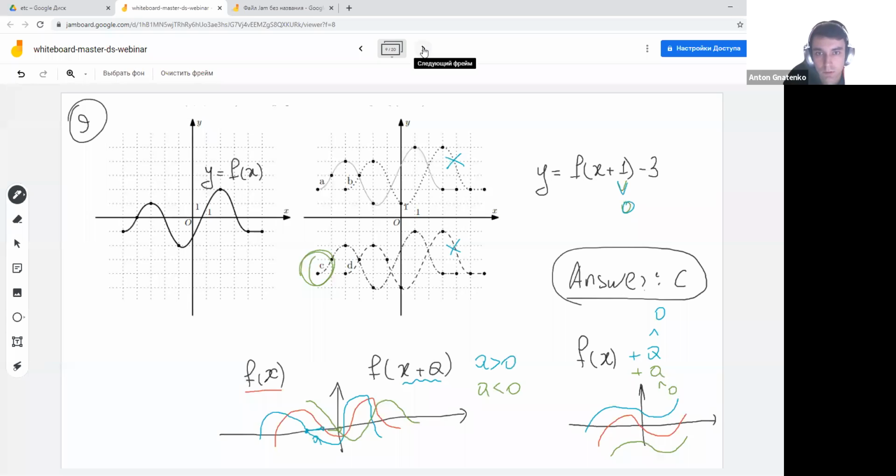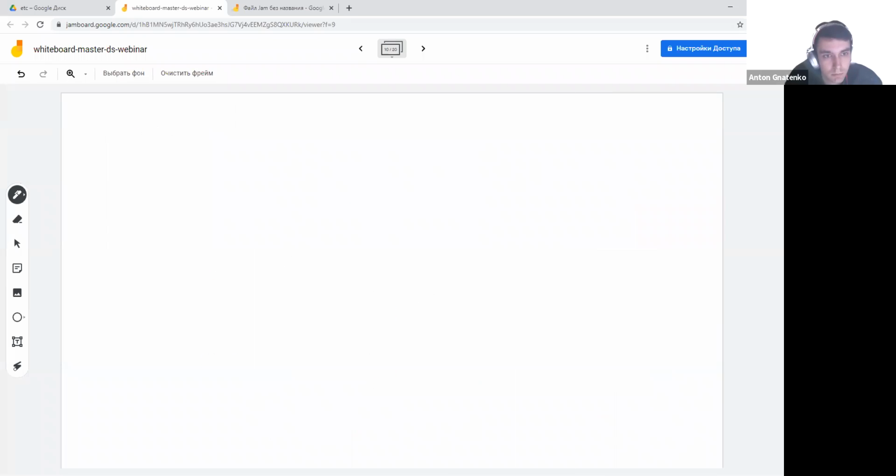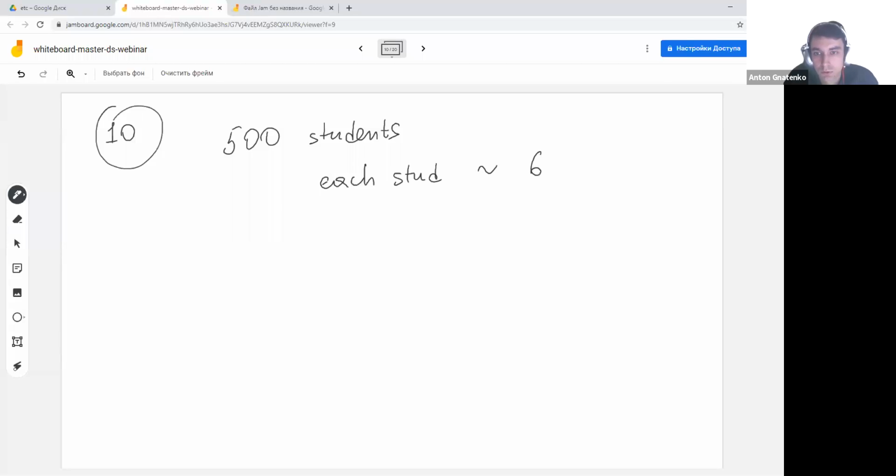So if this is clear, I don't see any questions. Let's go further to the question number 10. And it states that there were 500 students at some university, maybe at High School of Economics, and each student attended exactly 6 courses.